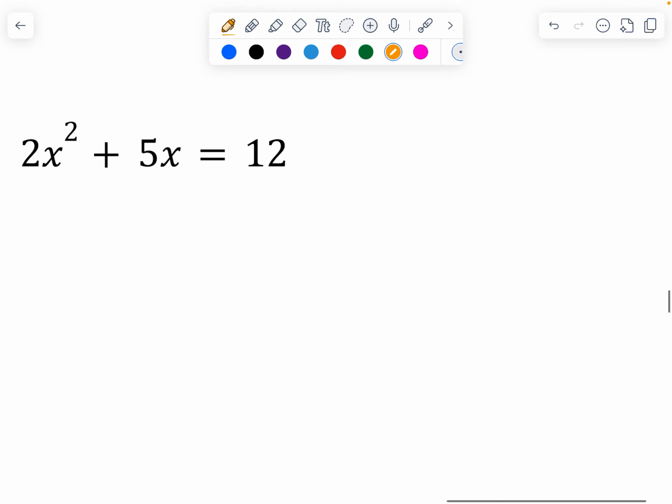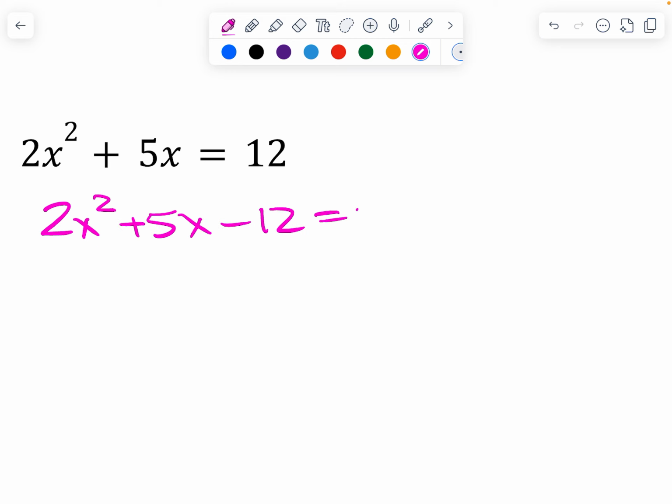Okay, so this one, 2x squared plus 5x minus 12 equals 0. My a value is 2, my b value is 5, my c value is negative 12.